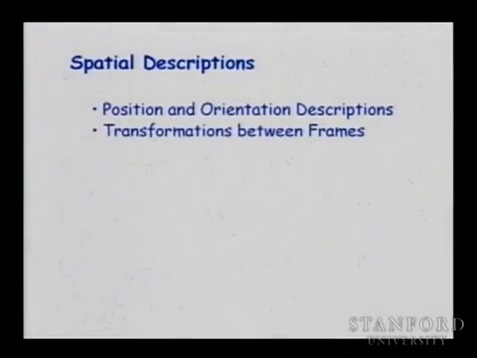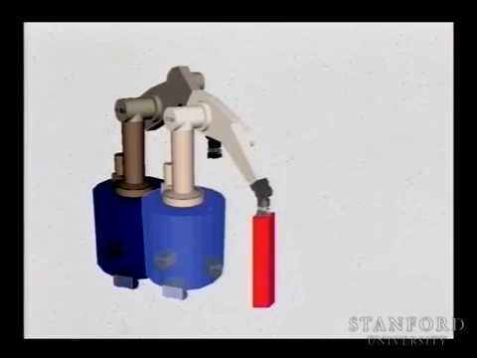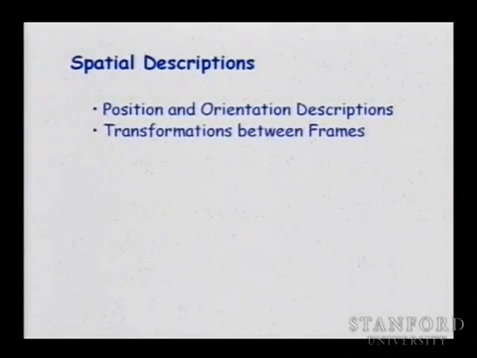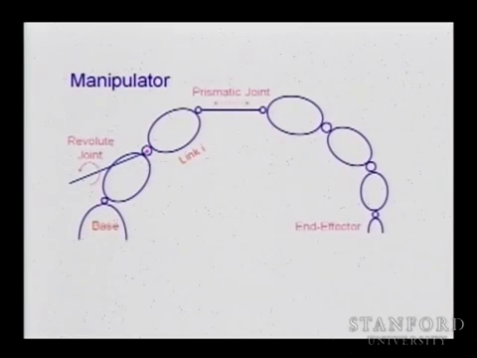Then we need to deal with the transformation between frames attached to these different objects. Because to know where this end effector is, if you know the position of those different objects, you need to know how to transform those descriptions to find finally the position of your end effector. So you need transformations between different frames attached to those objects.